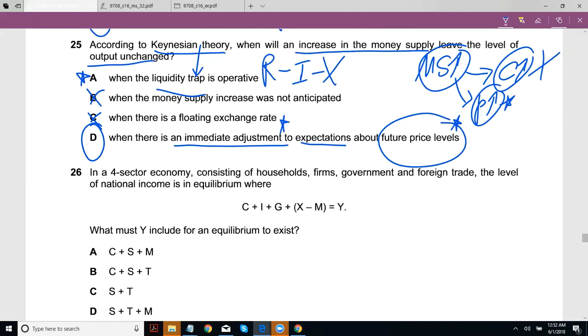But don't you think, if people think the price level would rise later, they would consume more right now? Well, if you're talking about an adjustment to the expectation of future price levels, the idea is you might have more credit available now, but you realize that this credit availability would just lead to an increase in price.